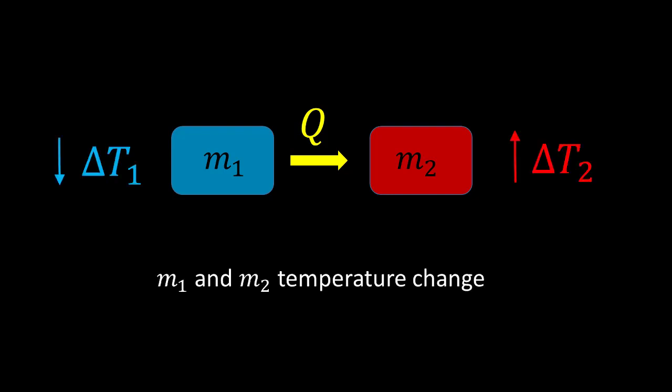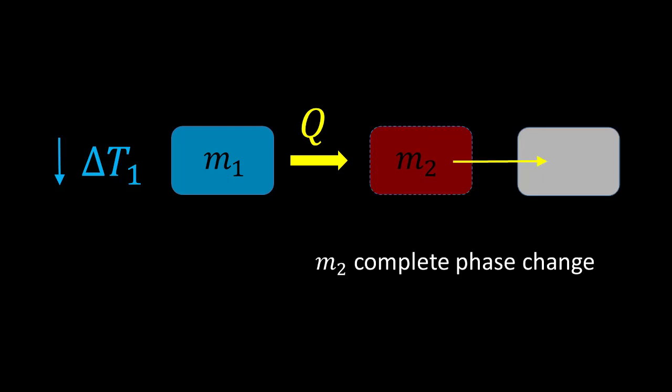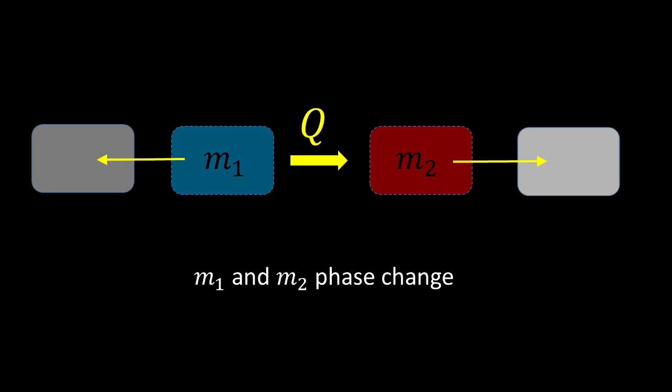This either results in a temperature change of both objects, or in a partial phase change, or in a complete phase change in at least one object. Or both objects may experience a partial or complete phase change.